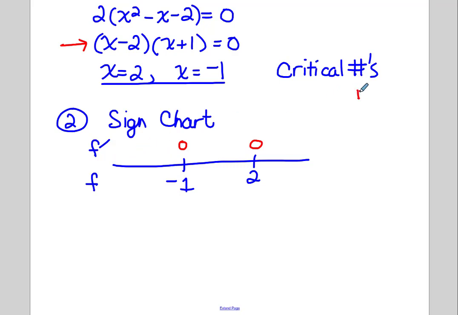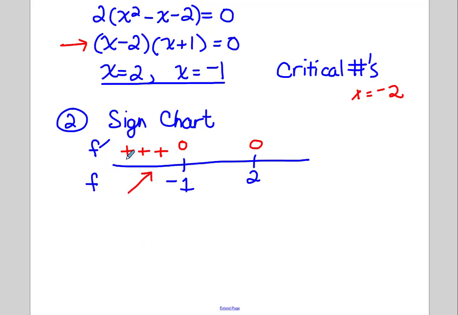So I'm going to think about if x is -2, what's happening here? -2 minus 2 gives me a negative number, a -4, and -2 plus 1 gives me a negative number, and a negative times a negative makes this interval on the domain, that little subsection, makes that entire interval positive. So the derivative is positive from -infinity up to -1. That tells us that the function is increasing.